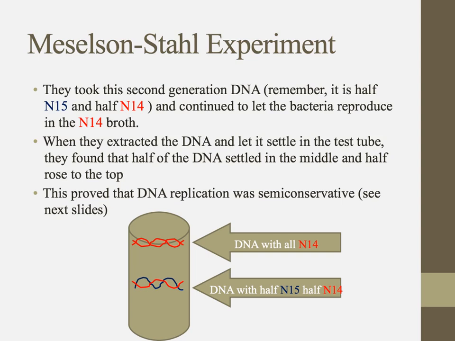When they allowed that bacterium to reproduce again in the lighter nitrogen, what they found in their test tubes were two bands. A band in the middle, and to them that meant that there was some heavy and some light nitrogen. And they found a band all the way up at the top, which meant that it had to be all light nitrogen isotope. What this did is it proved that DNA replication was semi-conservative, and I'll show you what that looks like from top to bottom.